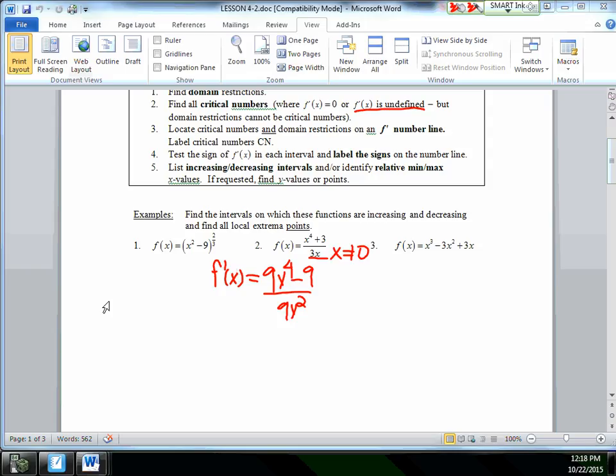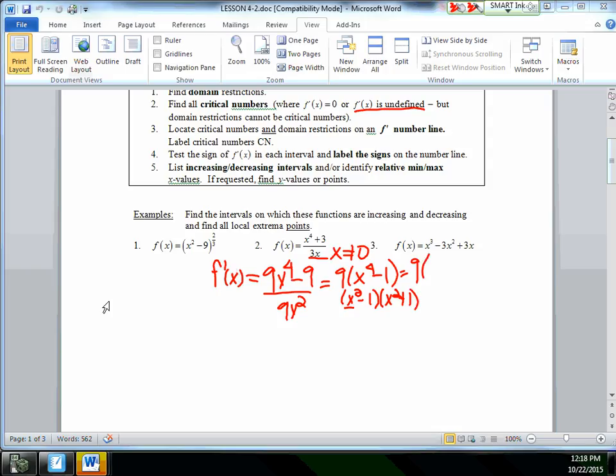So now that I have my derivative, we set it equal to 0. If you notice, you could factor out a 9. I'm going to show you the factored form here. You get 9 times x to the 4th minus 1, which could factor even more, like x squared minus 1 times x squared plus 1.